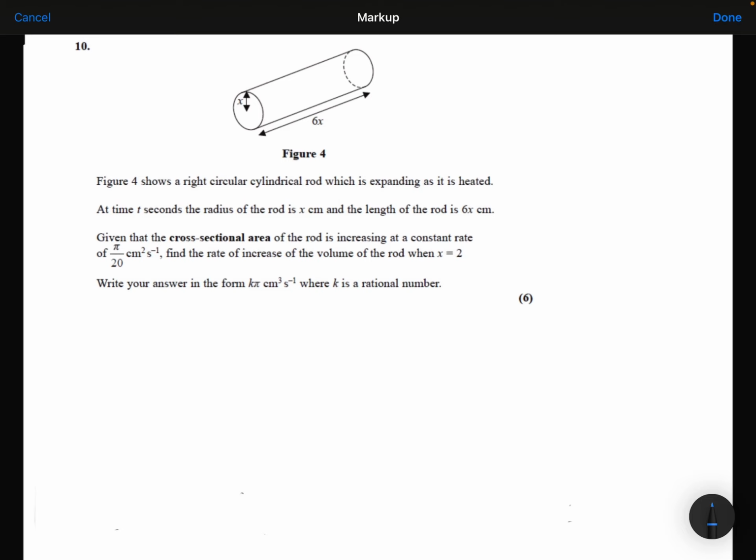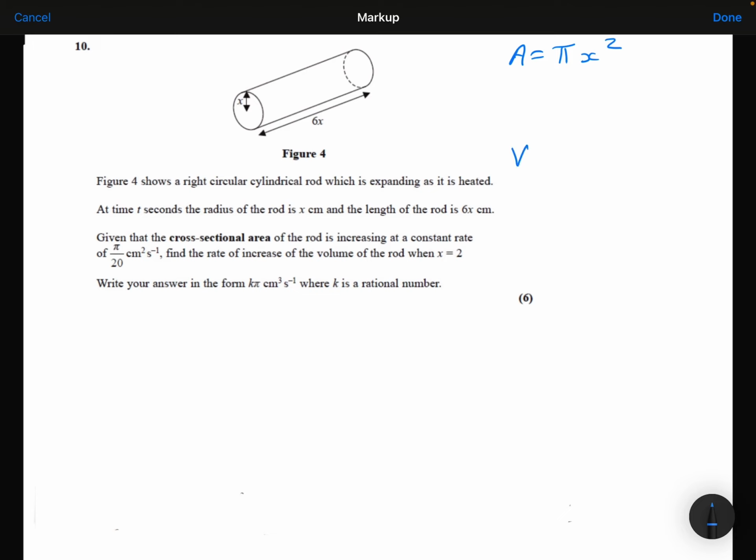Right, let me write down some properties of this rod, of this cylinder. I can say that the cross-sectional area, the cross-section is the circle, which will be pi times the radius, which in this case is x, squared. I could also use this to write down an expression for the volume.